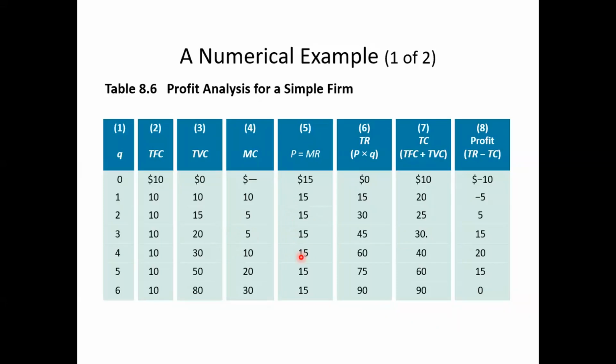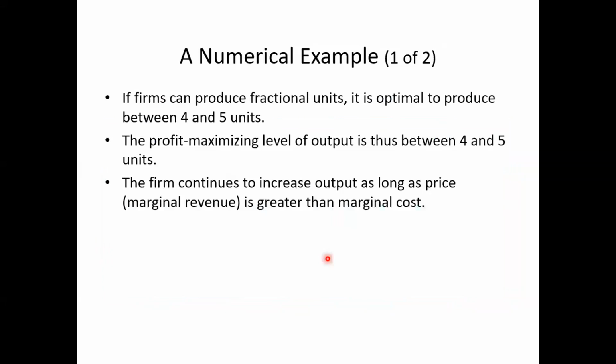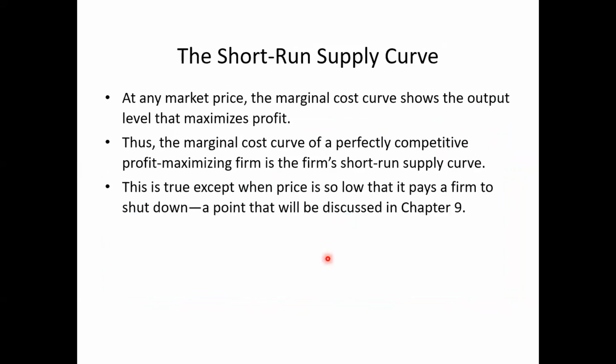It costs me $10 to produce it. Would I do so? Yes. Profit's going up. Unit five, I get $15 for it. It costs me $20 to produce it. Would I do unit five? No. So somewhere between 4 and 5 is the profit maximizing quantity. If you can't get half units, then you're going to be at 4 and not 5. That's how marginal analysis works.